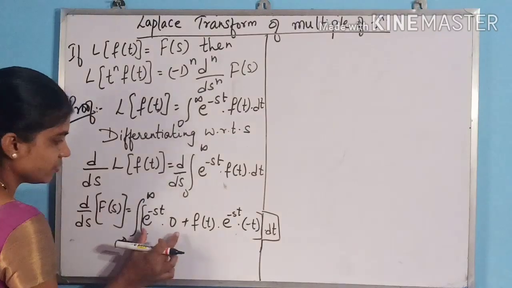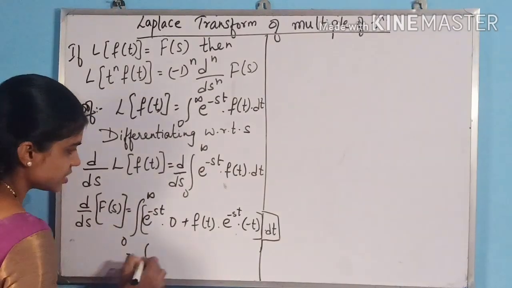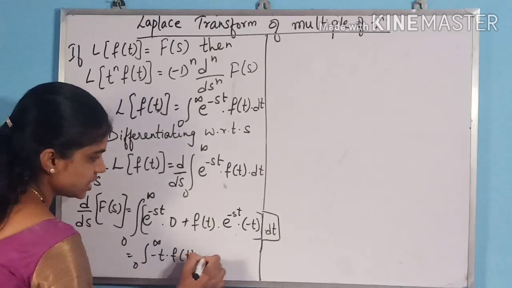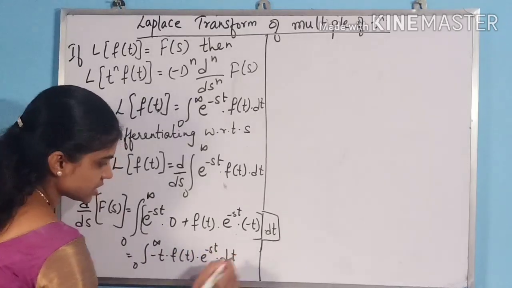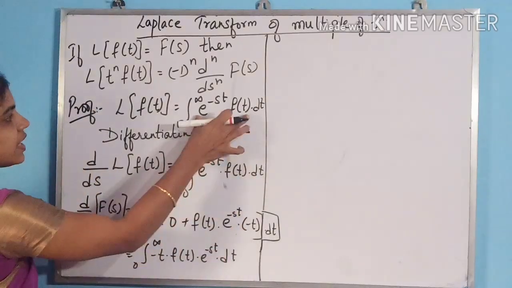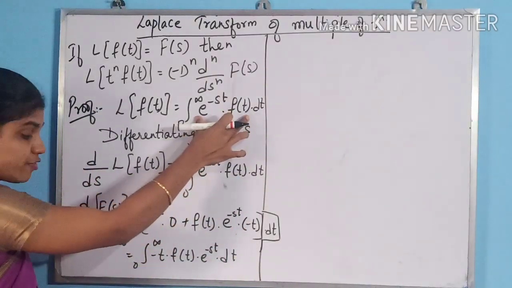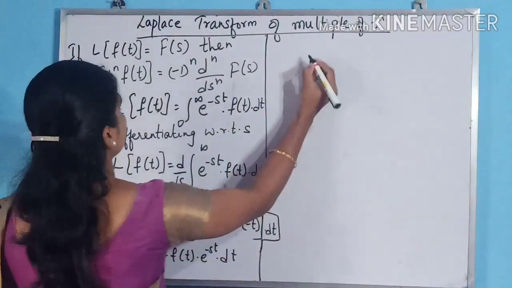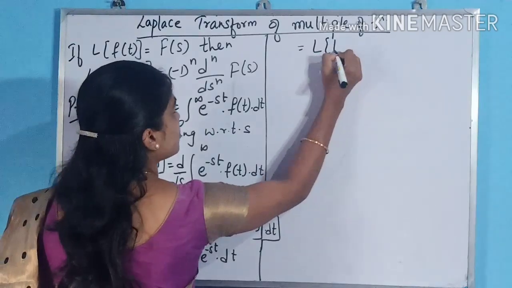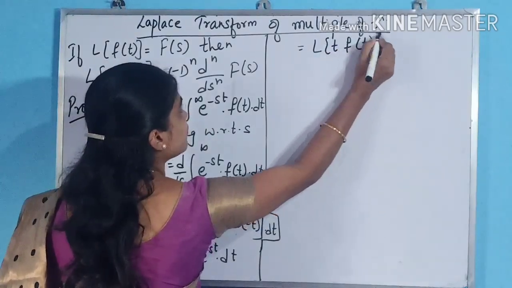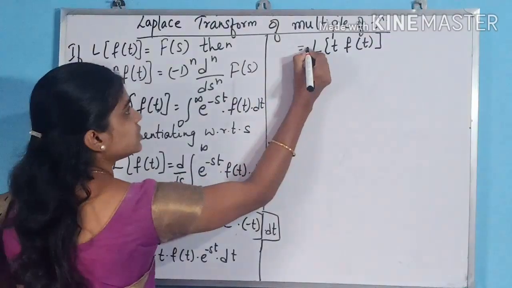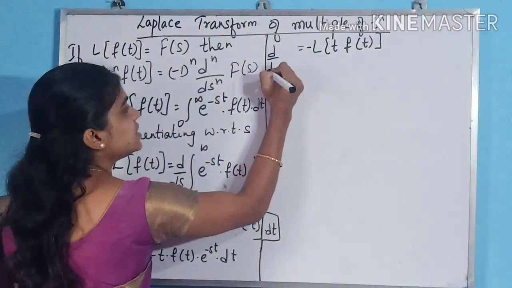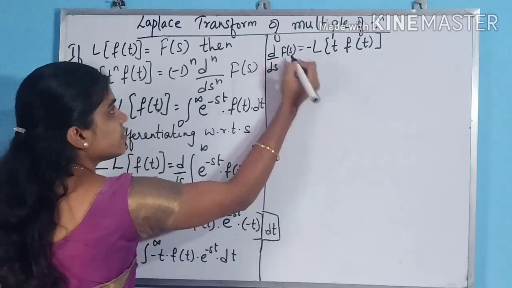Now what do we have? We have the integral from 0 to infinity of minus t f(t) e^(-st) dt. But what is this? This is again a Laplace transform. So I can write it as the Laplace transform of t into f(t), but I have a minus sign here, so I'll take this minus out. The left hand side is d/ds of F(s).